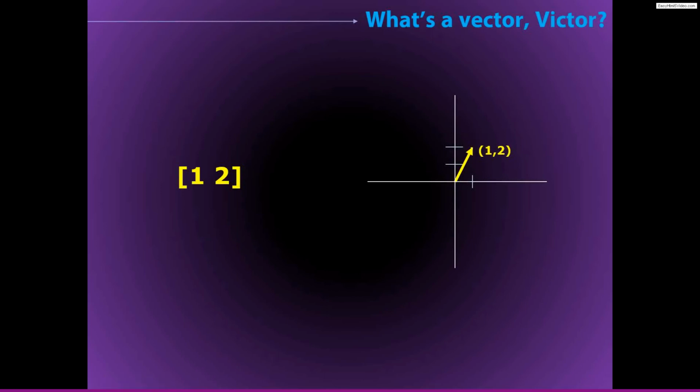Now, this line doesn't have to start at the origin. It could start anywhere in space. It just needs to go 1 unit over and 2 units up. Nonetheless, it's convenient to think about vectors as starting from the origin, and for the rest of this lecture series, we're only going to be thinking about vectors starting at the origin.